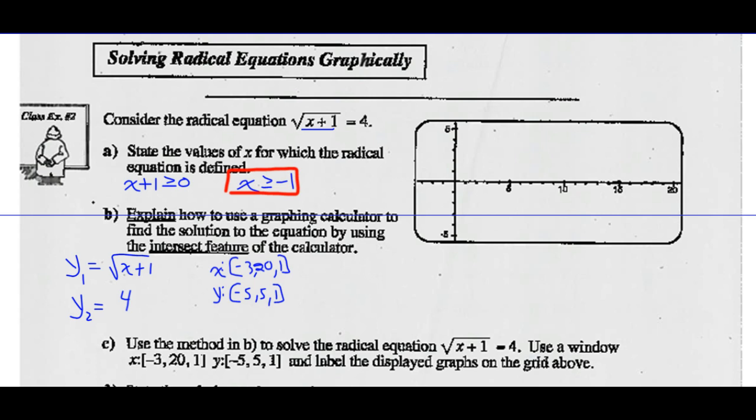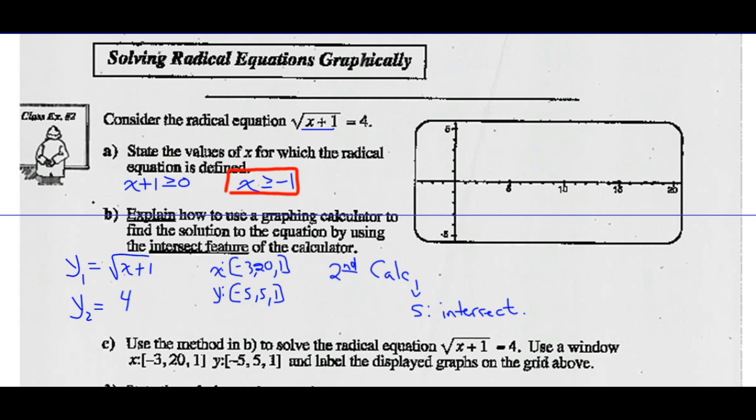So once you're done graphing that, you then go second function, and above the trace button you see the word calculate. So you go second calculate, and you go down to number 5, which says point of intersection or intersect. All right, so we're going to do that right now.